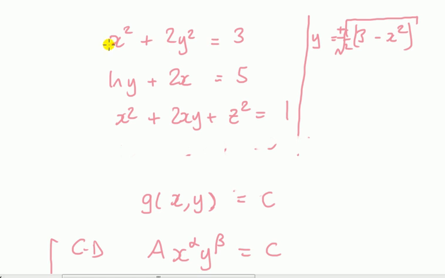So here we have an example where we have an implicit equation in x and y, and then here we've got an explicit for y in terms of x. Okay, now I've told you what they are. The final thing, this is the big thing, is to find the derivative of an implicit function.